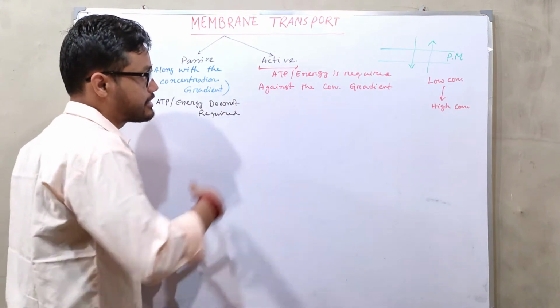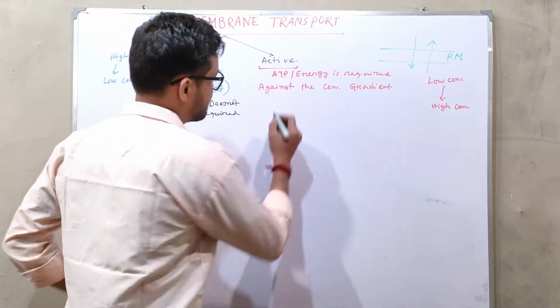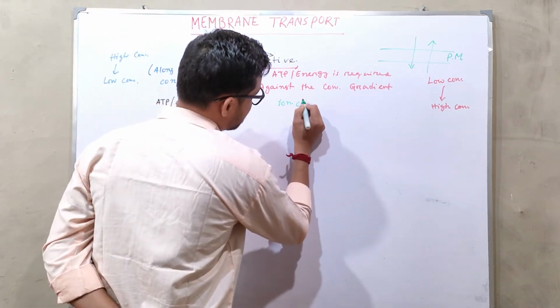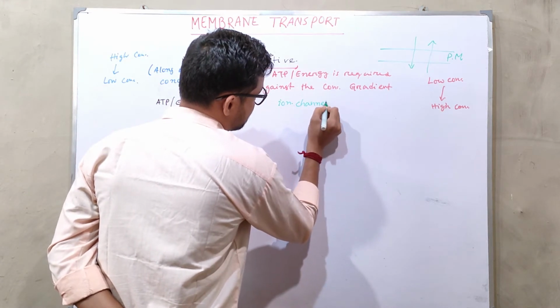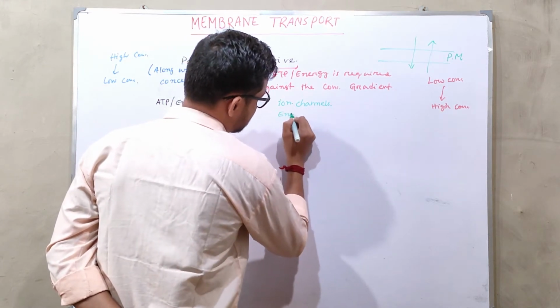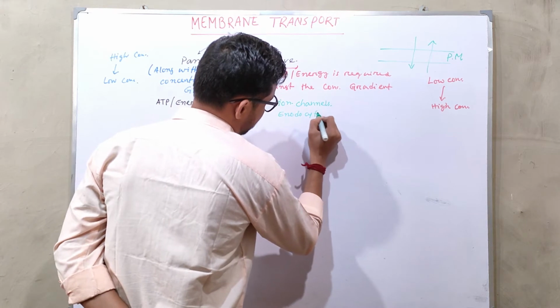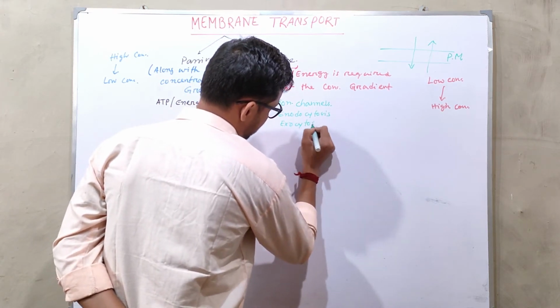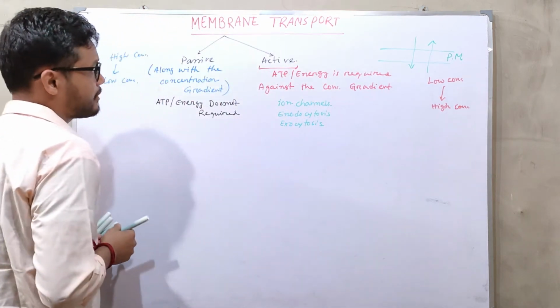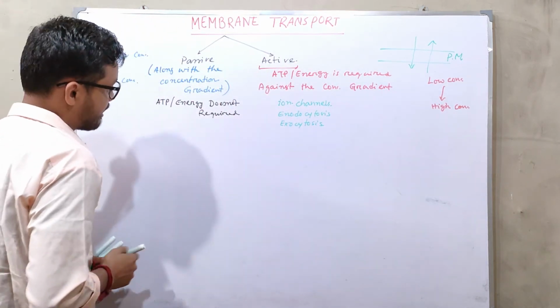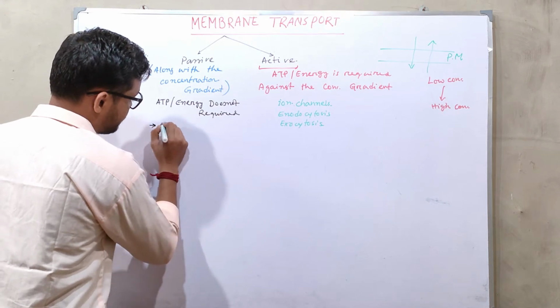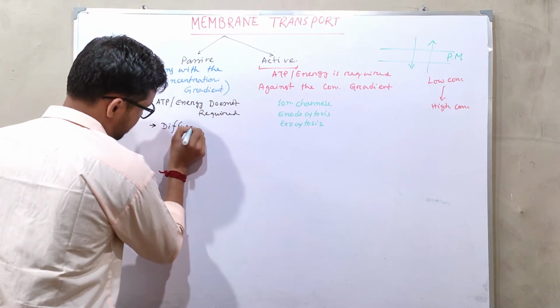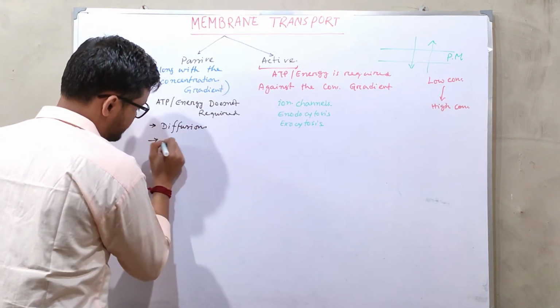The examples of active transport are ion transport or ion channels, endocytosis and exocytosis. The examples of passive transport are diffusion and osmosis.